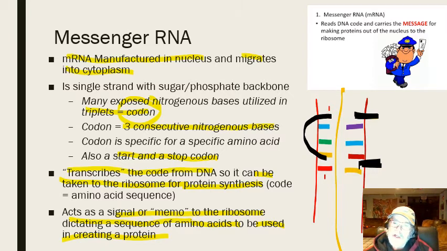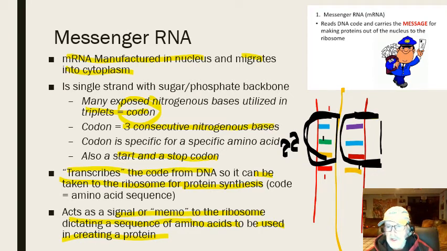Basically, this code is a code for an amino acid, and this is the complementary base pairs with the substitution of uracil instead of thymine for that amino acid. So now this messenger RNA knows what this amino acid is on DNA because it has the complementary base pairs, the opposite. Perfect. Okay, so it transcribes the code. So DNA has the code. That code is transcribed on messenger RNA by coding with the opposite nitrogenous base.